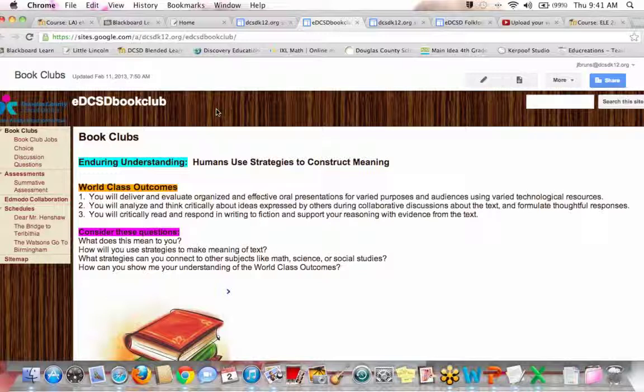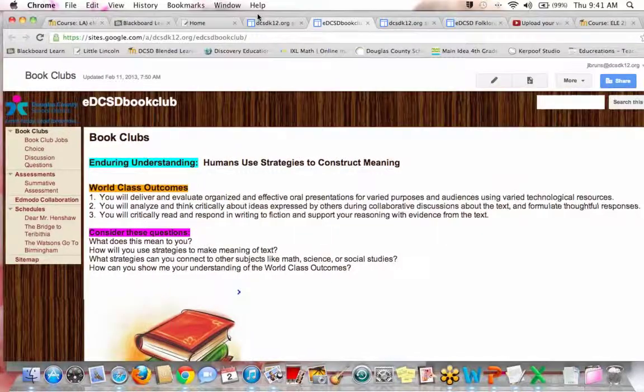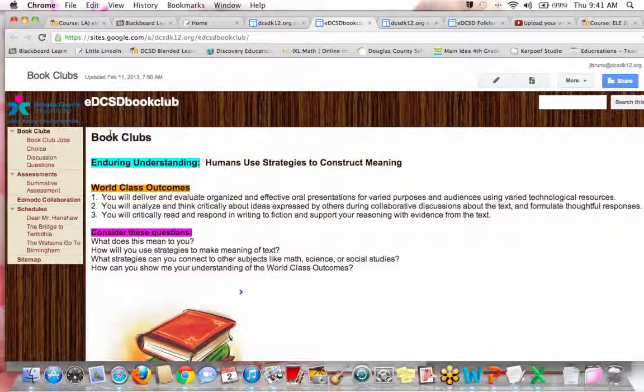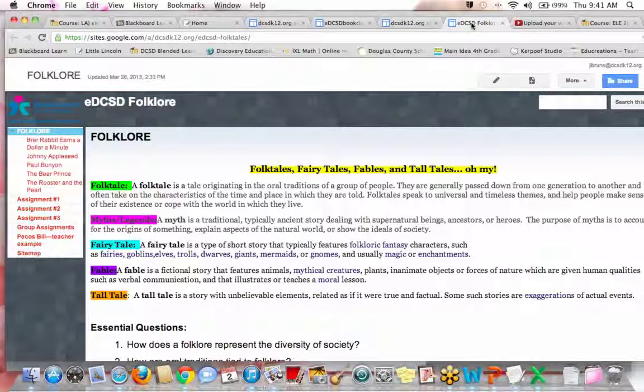For instance, our students were all involved in book clubs, and so they got to work together just like they would in a regular classroom and be part of a book club. Our students also are writing folktale stories right now, and so they get to do all of these different assignments that we've come up with, and some of them are collaborative, some of them are individual projects, just like you would see in a regular brick and mortar.